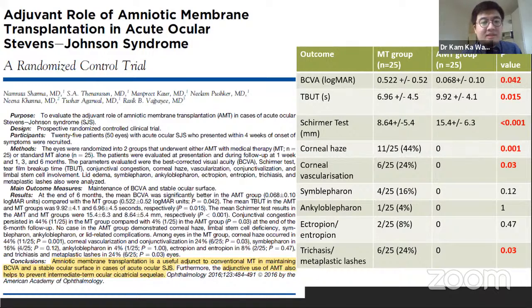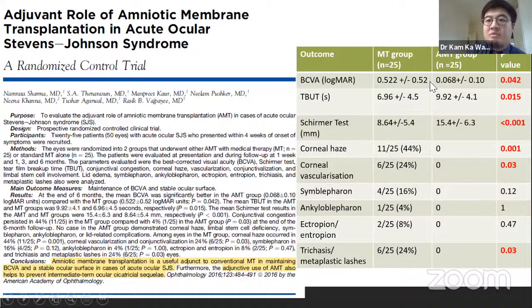Later on in 2016 in Ophthalmology, Dr. Sharma from AIIMS, Delhi, published a randomized control trial, which is a prospective study that looked at the effect of amniotic membrane transplant in acute ocular Stevens-Johnson syndrome. In this particular study, they recruited 50 eyes, and they looked at the functional as well as the anatomical outcome.